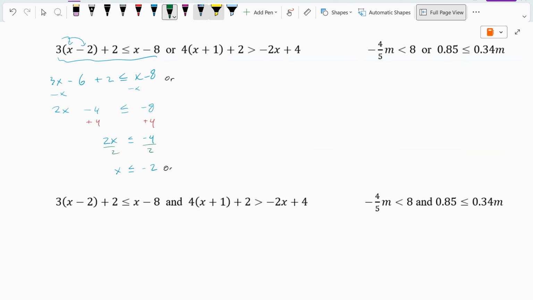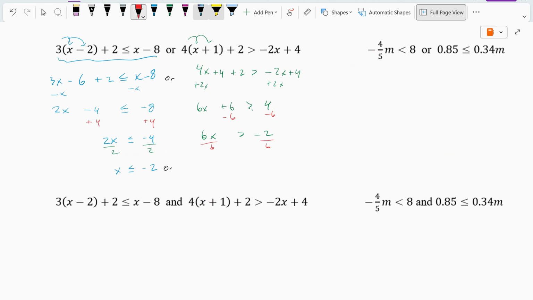What should we do first? Distribute. 4x plus 4 plus 2 is greater than -2x plus 4. Let's go ahead and add 2x to both sides. 6x plus 6 is greater than 4. Let's subtract 6 from both sides to get 6x is greater than -2.